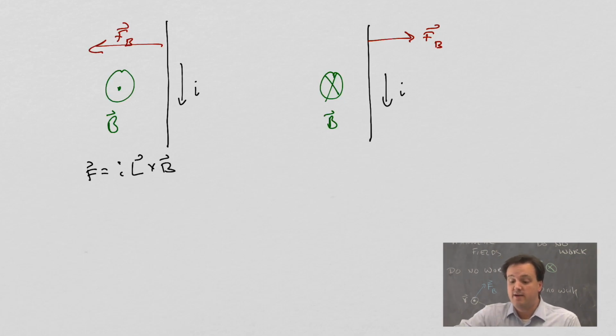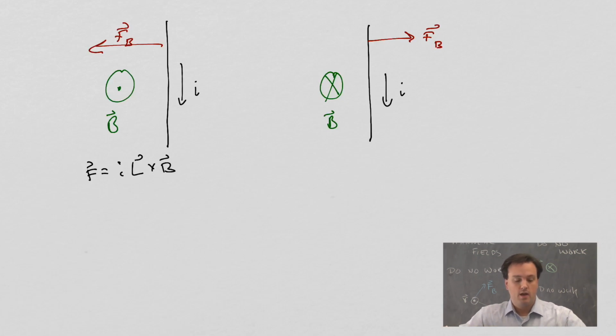I still have a magnetic force that's perpendicular to both I and B, and of course it changes direction if I change the direction of either one of the two vectors that contribute to it. I wish there was some easy way to remember this, but it just doesn't work that way. Every time I have a segment of wire with a current flowing through it, I have to do the right-hand rule to figure out the direction of the magnetic force.